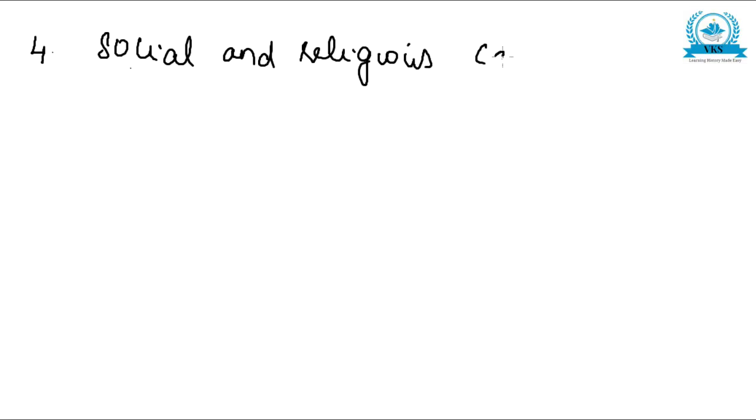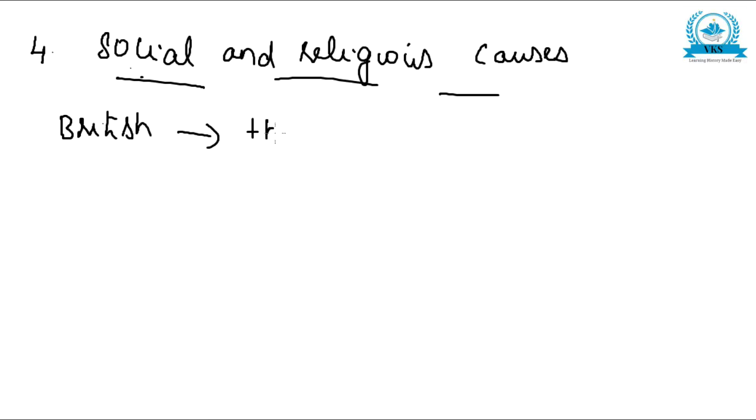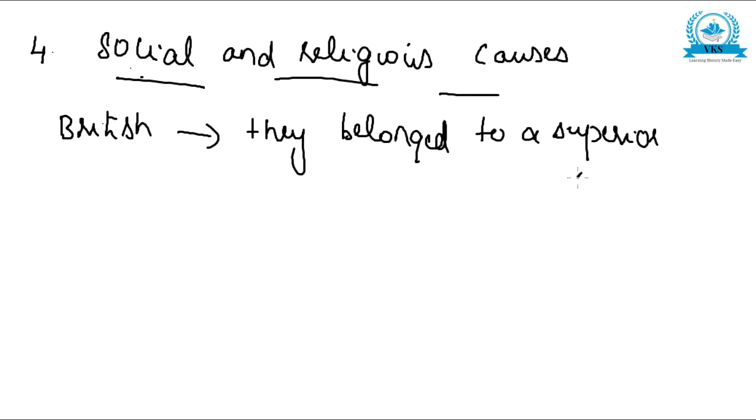The next cause, the fourth cause, is the social and religious causes. Let us see what the social and religious causes are. The British thought that they belonged to a superior race. The British always believed that they belonged to a superior race.